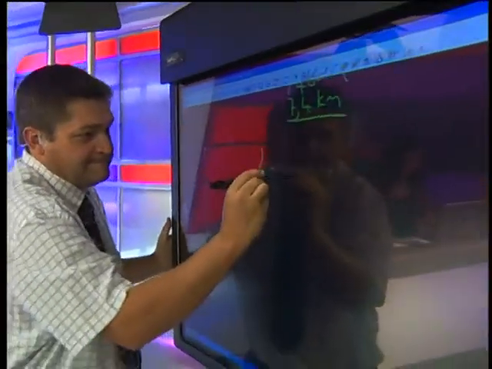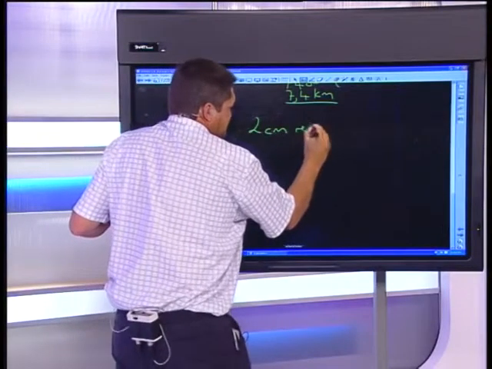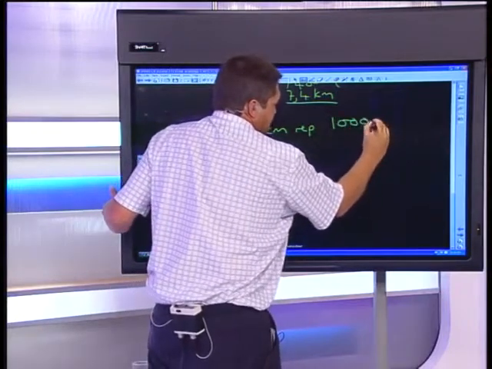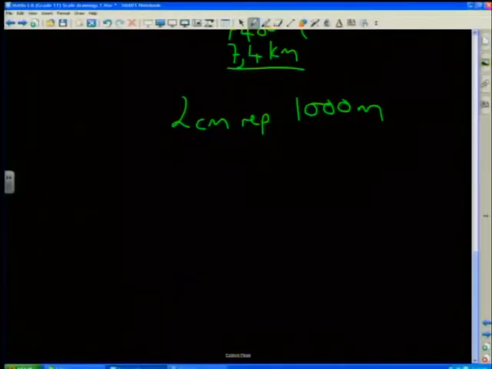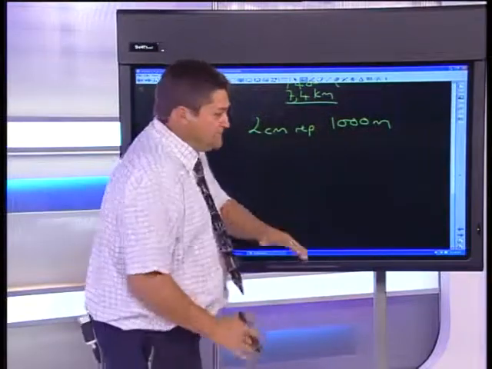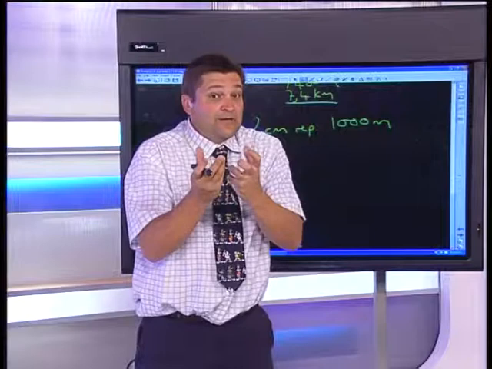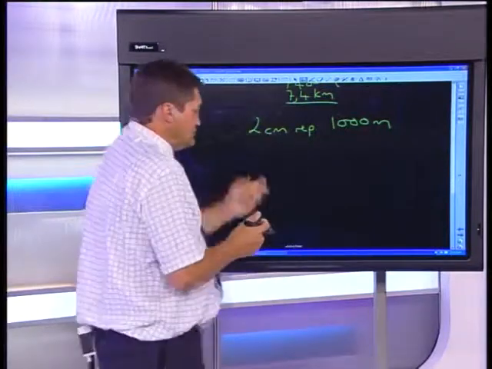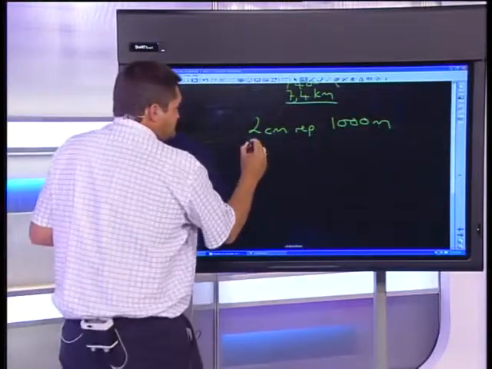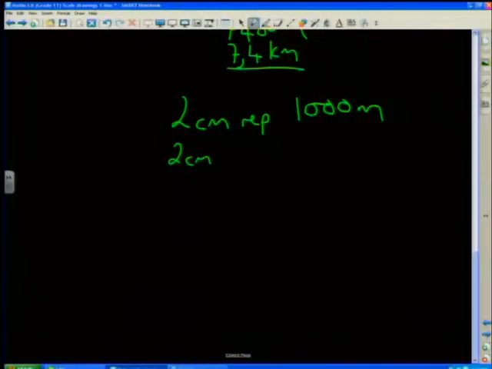Let's go back and have a look at this. 2 centimeters represents 1,000 meters. Huge problem. What's my huge problem? I'm dealing with centimeters and I'm dealing with meters. I can't do that. Remember, for scale, let's get the same units. So 2 centimeters represents, let's change that to centimeters.